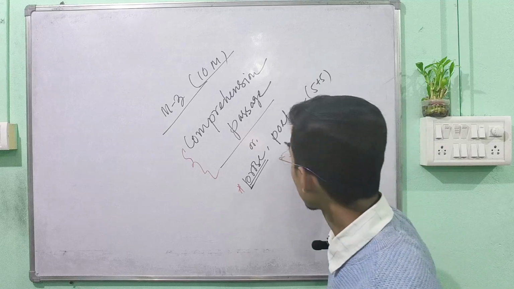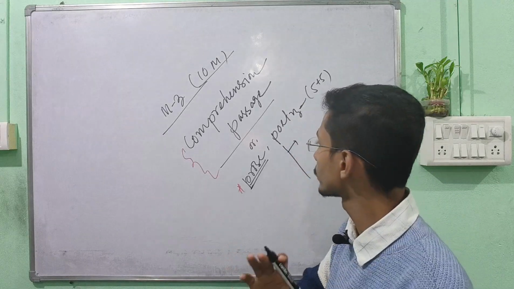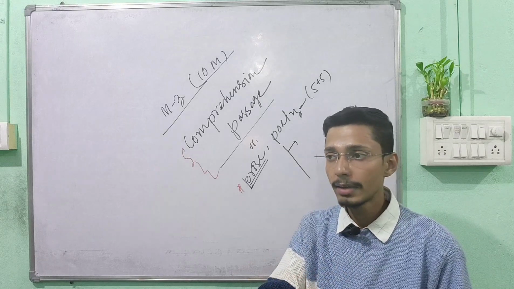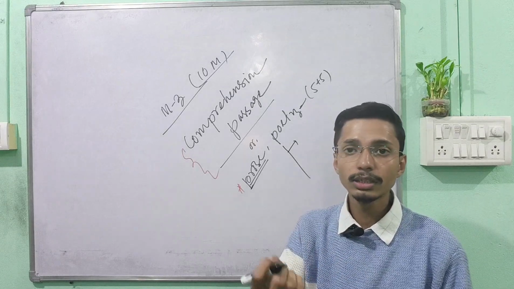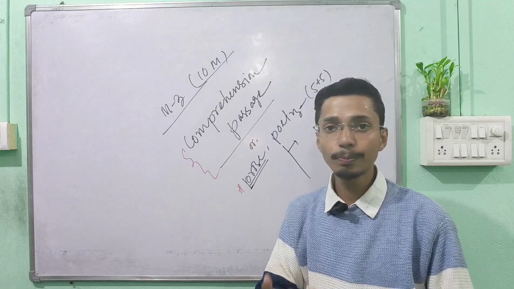From poetry, there are a few very important poems. We have to remember the names of the writers, and the 5-mark questions that might be asked in your semester exam from poems.